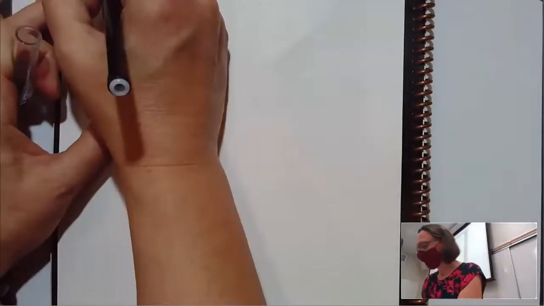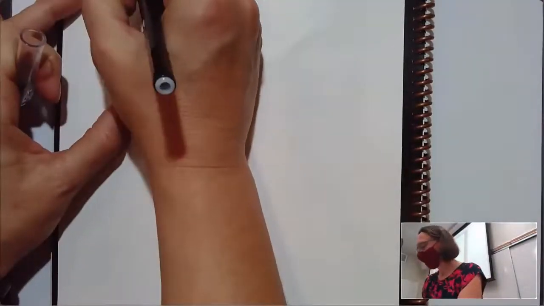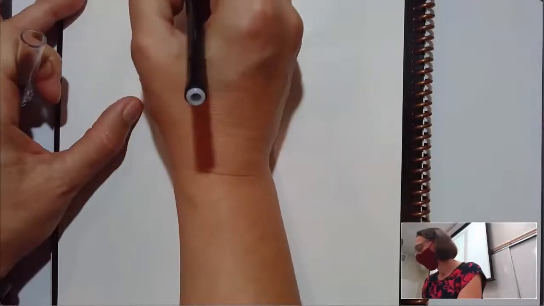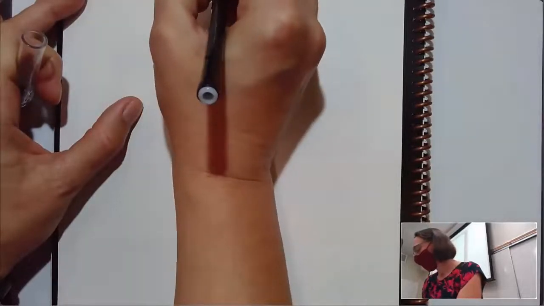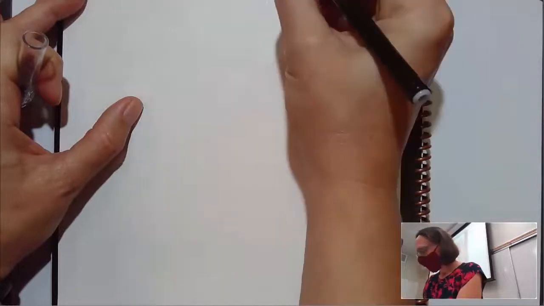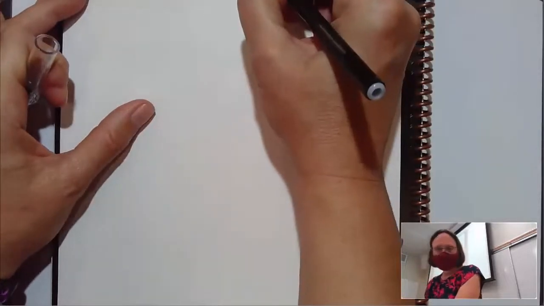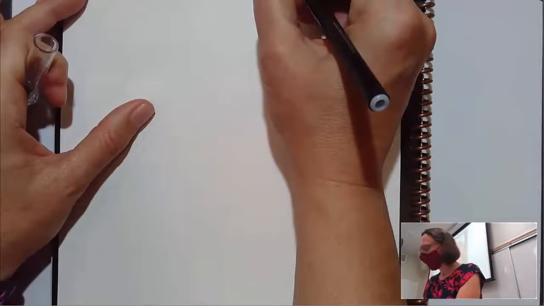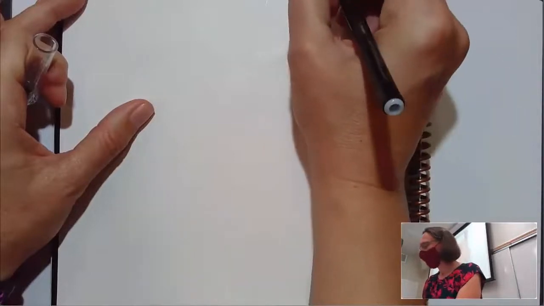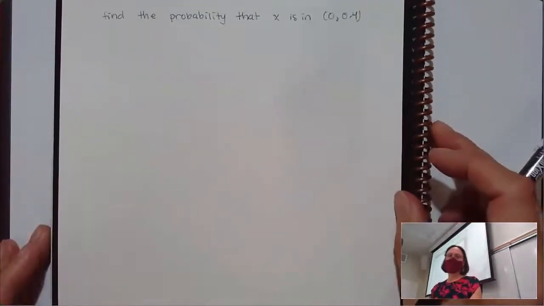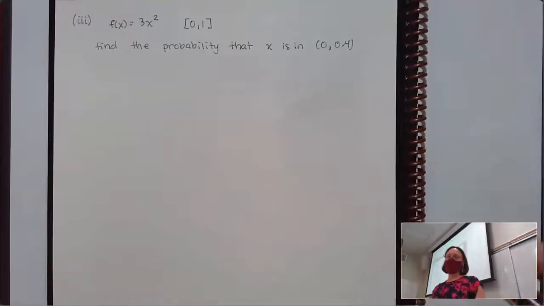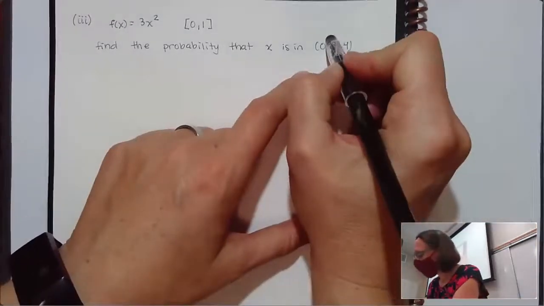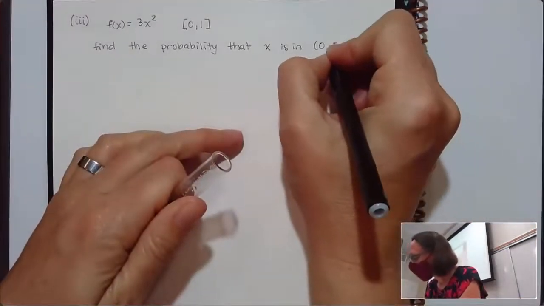And we've been asked to find the probability that x is in the interval from 0 to 0.4.